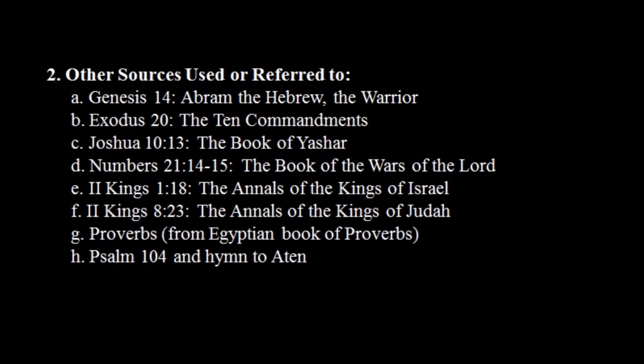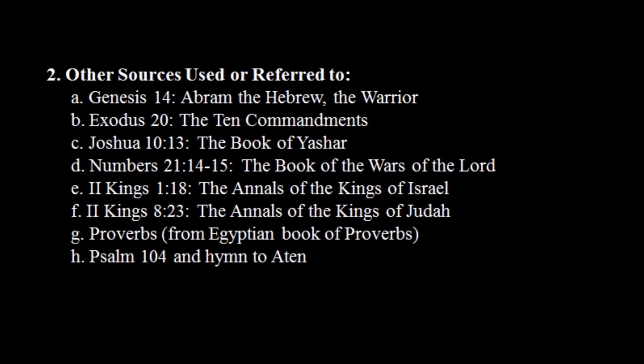We know, for example, that there is a whole section of the book of Proverbs that is taken from an Egyptian book of Proverbs that's over 1,000 years before it. So how did it go from being an Egyptian book of Proverbs over 1,000 years before the book of Proverbs was edited into the book of Proverbs?